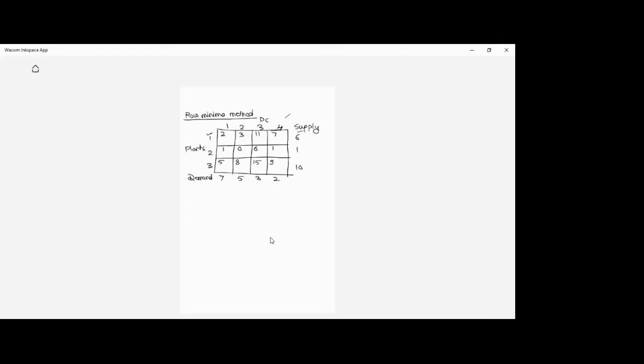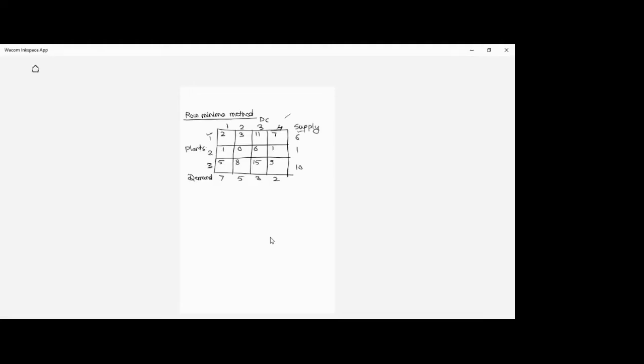If you're considering a row, that doesn't mean that you are only going to look for supply constraints and neglect the demand constraints. Whether it is a column minima or row minima method that we are going to follow, the supply and the demand, both of these constraints should get satisfied.